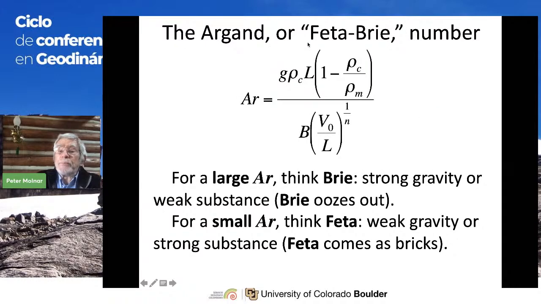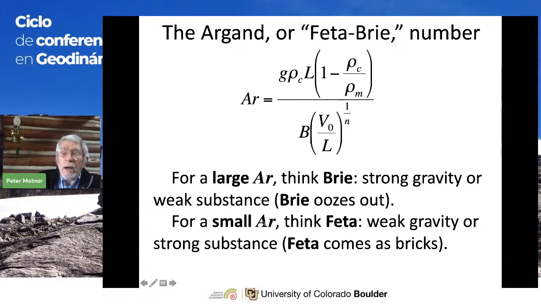And so this is sometimes called the Feta-Brie number, because with the Argand number, if you have a large Argand number, it means gravity is important. And think of brie, or if you prefer, camembert cheese, because it flows. The gravity overcomes the weak constitutive relationship of the cheese itself. Brie oozes out.